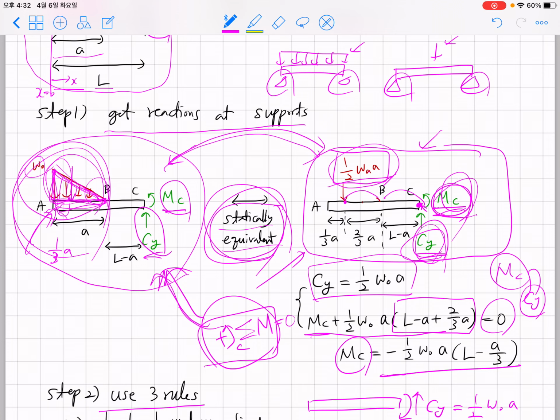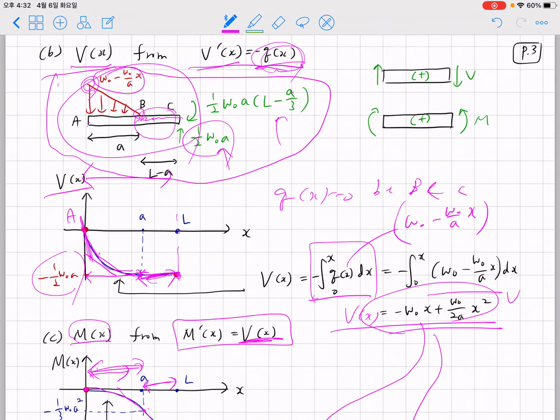After obtaining CY and MC from the statically equivalent problem, go back to the original problem, and obtain the V diagram and M diagram based on rule 1, rule 2, rule 3, and that is it.